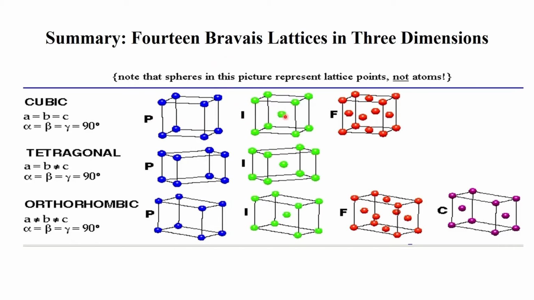We can have the center of the cube located in such a way that we will have what is known as the I-centered, the body centered lattice. So the cube is up here, which represents 1 lattice point. This one represents the second lattice point. So the number of lattice points in a body centered cubic system is 2.